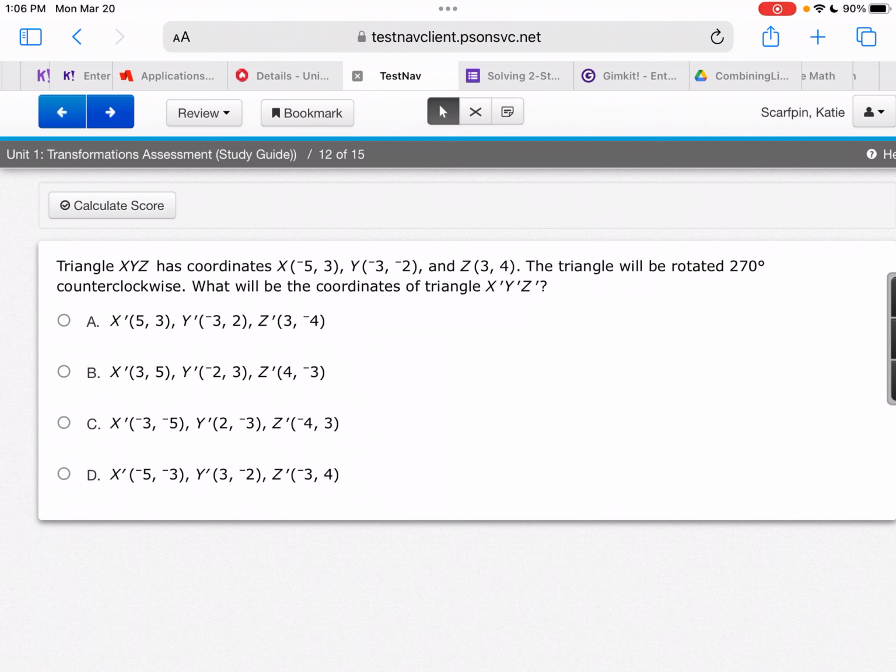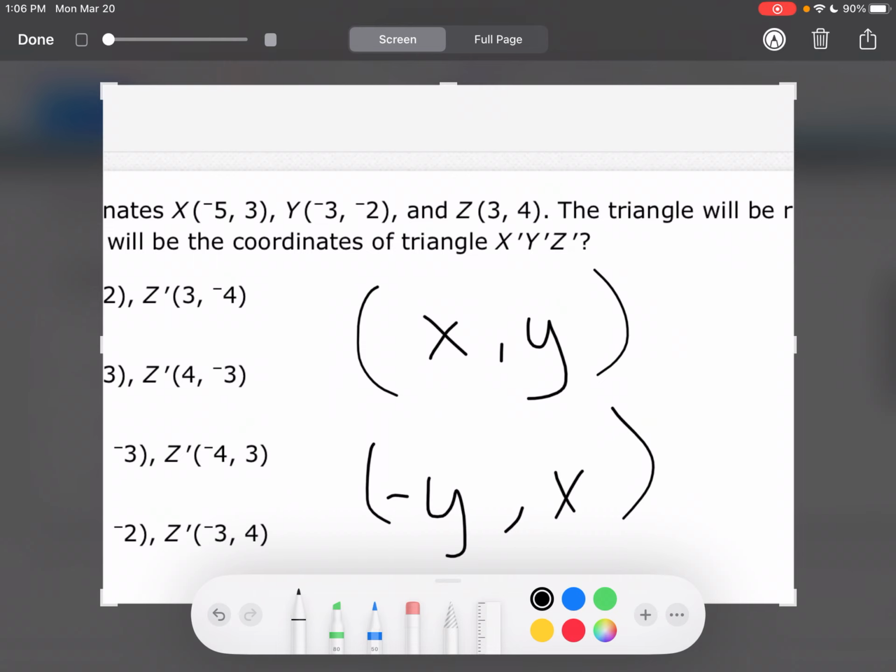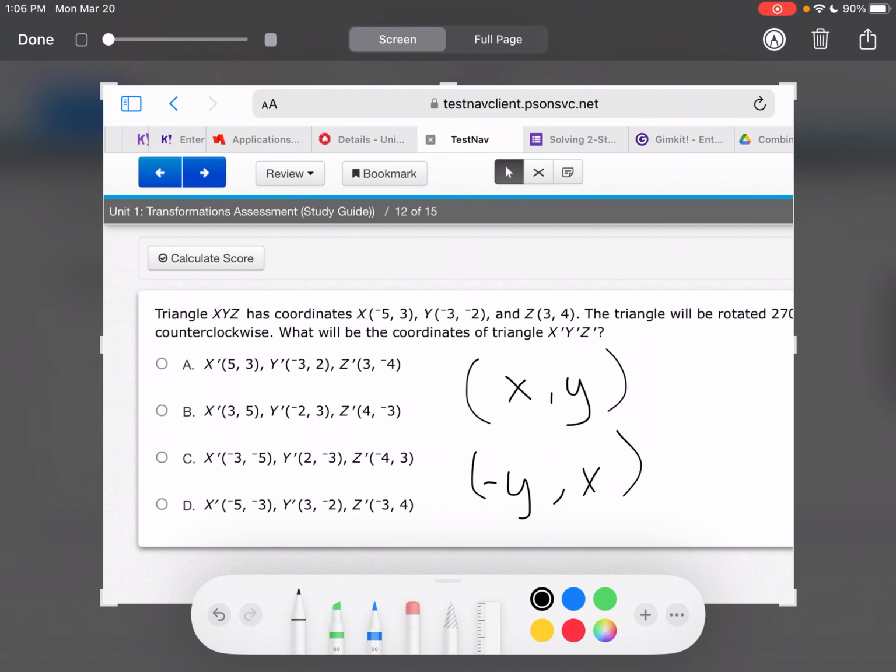All right. For this triangle, my advice would be to graph the points on the graph paper and then use the patty paper. But if that's not your choice, that's totally fine. What we're going to do is you have X and Y, then you reverse them so they become Y, X, and one is negative because of the direction.